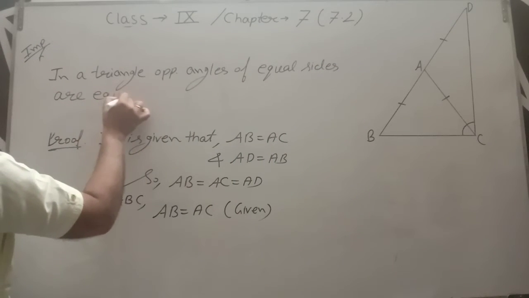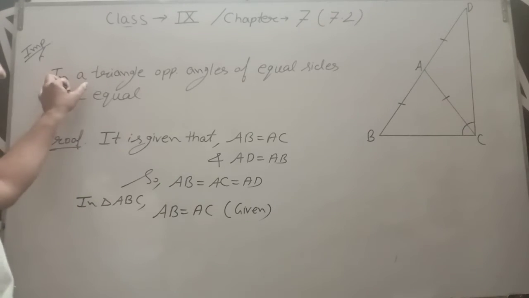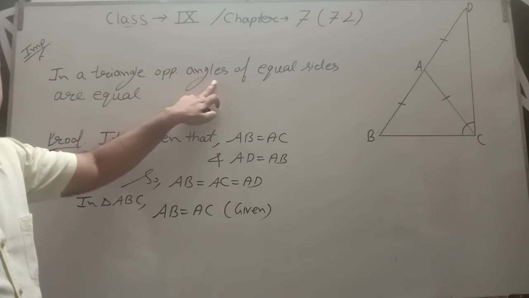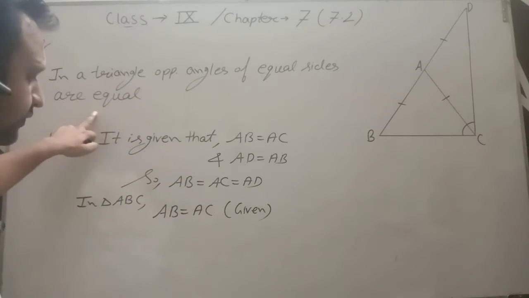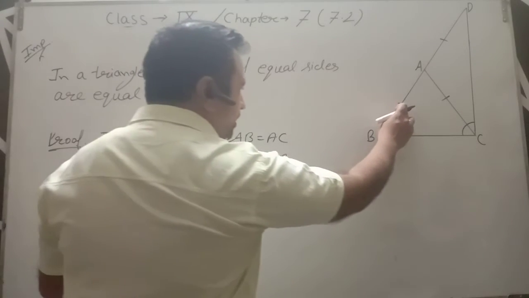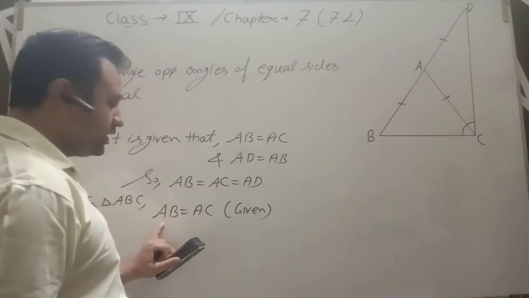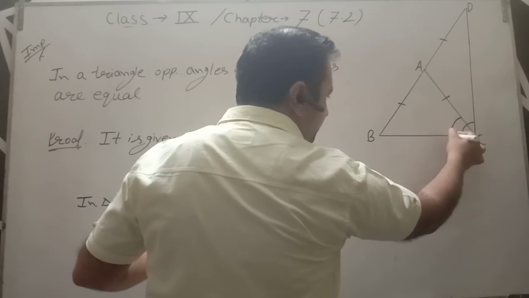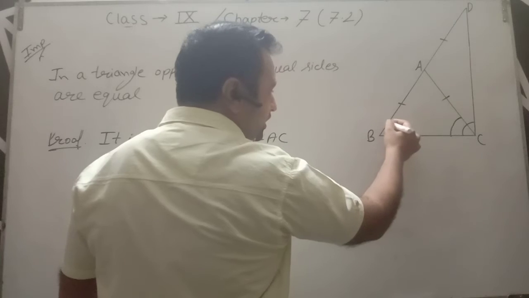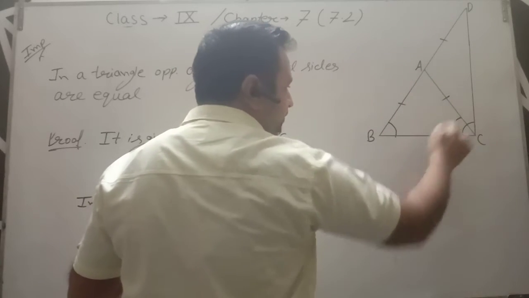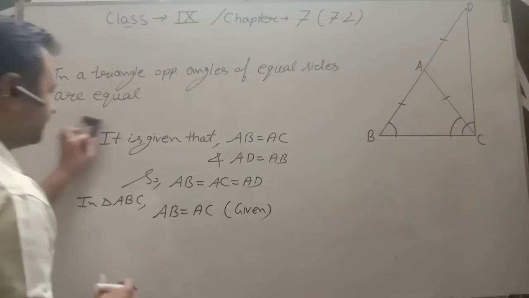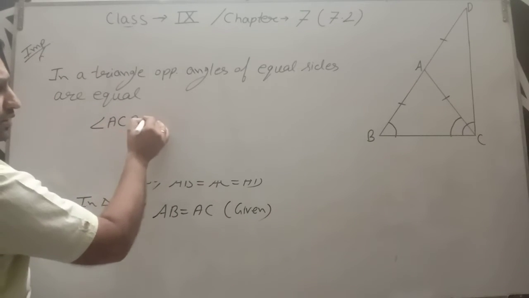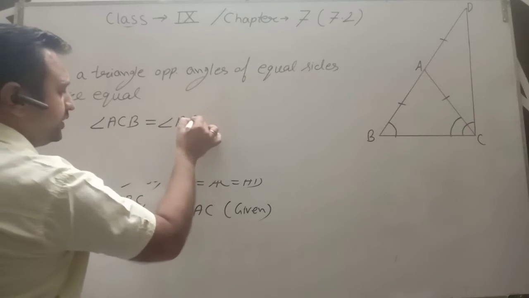यानी किसी भी ट्रायंगल में जो साइड इक्वल होती हैं उनके अपोजिट एंगल्स भी इक्वल कंसीडर किए जाएंगे. सो अगर ये दो साइड इक्वल हैं AB और AC, देन व्हाट इज द अपोजिट एंगल ऑफ AB? ऑब्वियसली दिस एंगल. एंड व्हाट इज द अपोजिट एंगल ऑफ AC? दिस एंगल इन ट्रायंगल ABC. So we can say that angle ACB is equal to angle ABC.